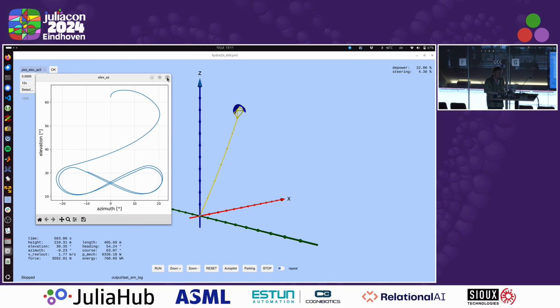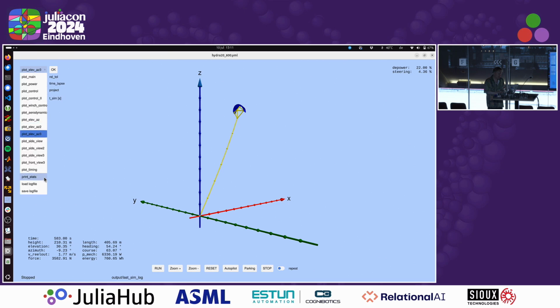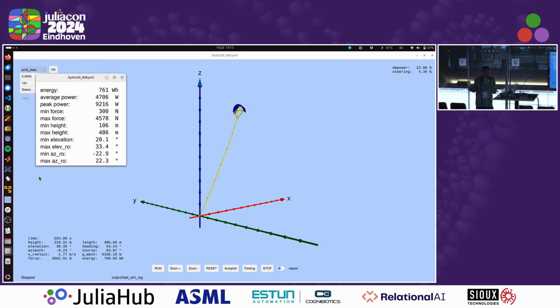And you also get in the end statistics, because that's what you are interested in the end, how much power comes out of the system, how much energy was harvested. But you are also interested in the question, are the constraints kept by the controller? We don't want to fly too low, also not too high.